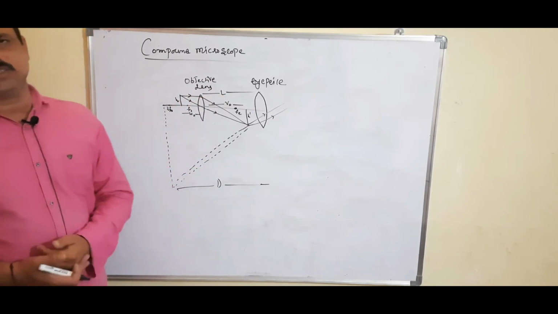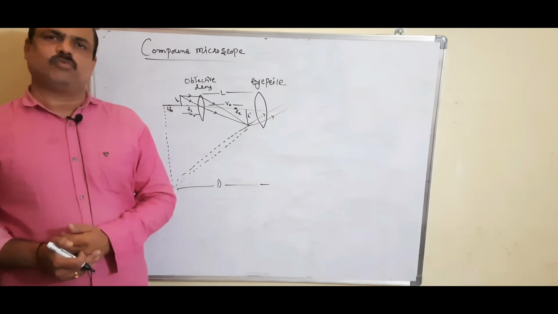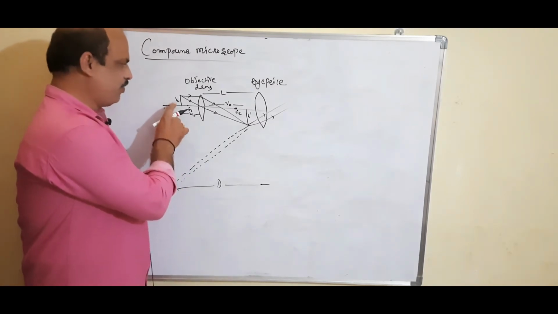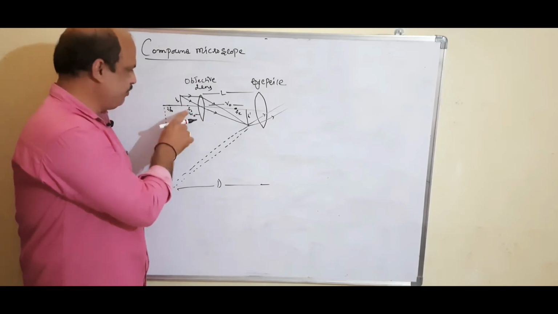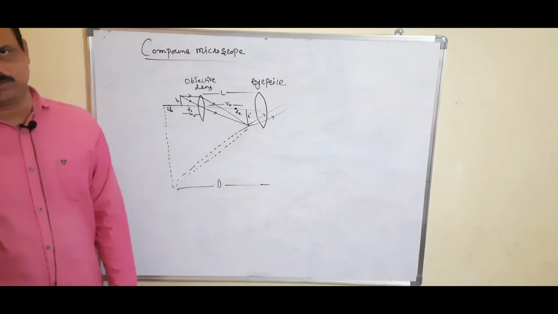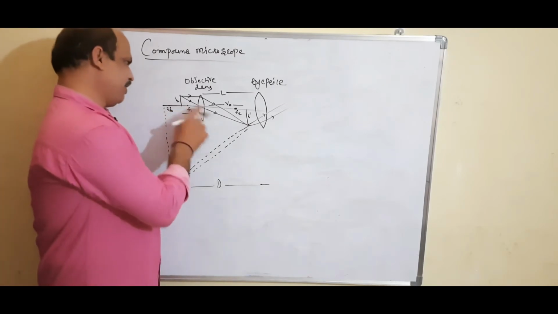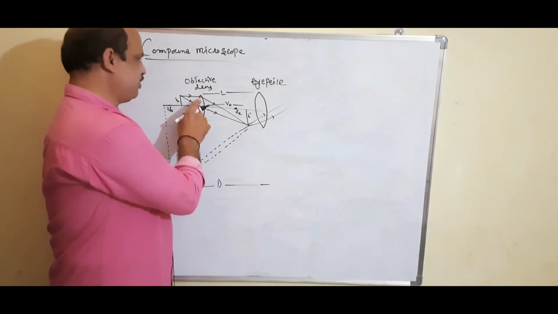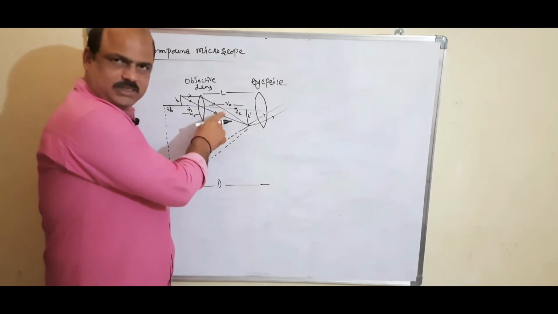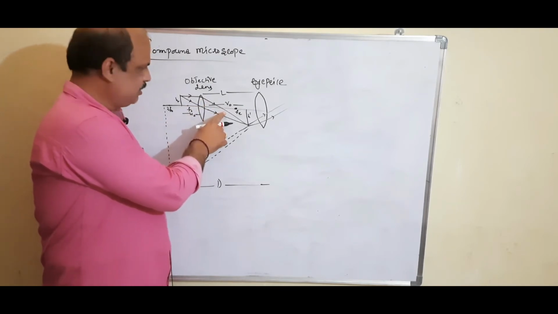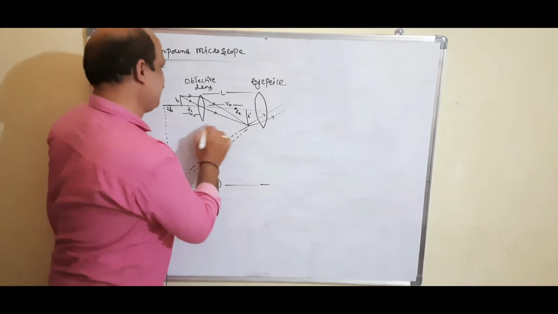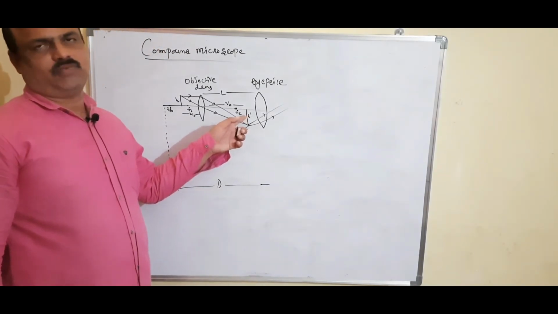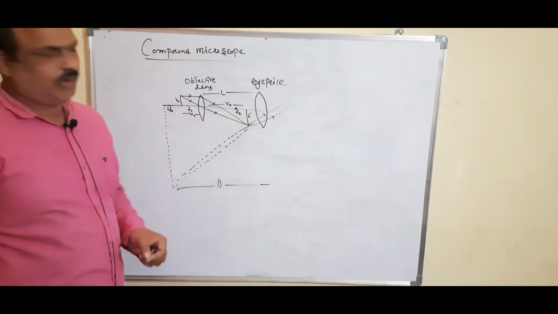Now we are going to discuss how the compound microscope works. Whenever an object of height h is placed in between f0 and 2f0, then by the property of a convex lens, the objective lens forms a real inverted image beyond 2f0, and the height of that image is h dash.